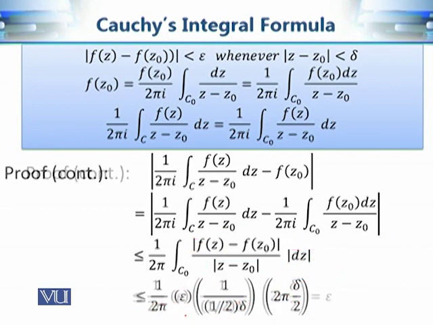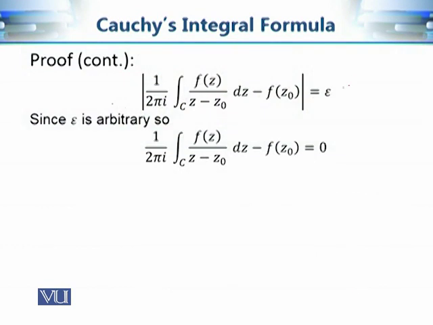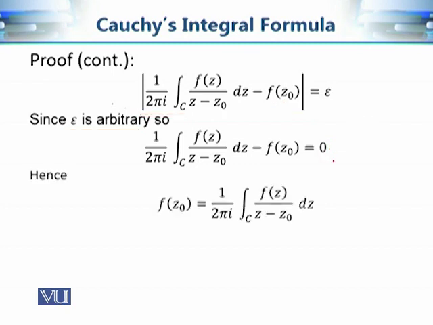So what do we get? We get the following expression, that this is equal to epsilon, and epsilon is arbitrary, as you know from the definition of the continuity of a complex valued function. This is as small as we want. It could be 0.00001, as close to 0 as we want. So if this happens, then this quantity is in fact approaching 0, and if this quantity is equal to 0, then we have our Cauchy's integral formula.